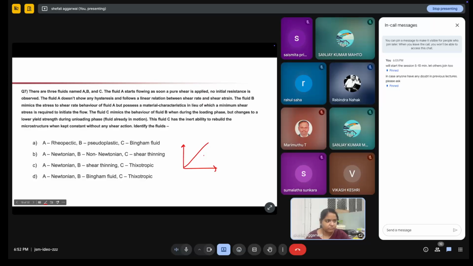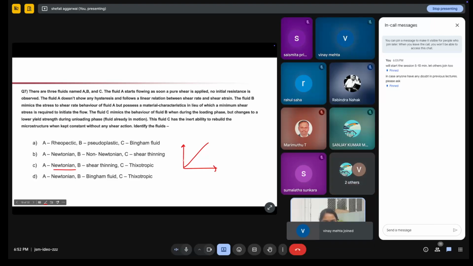This type of graph, remember, is a Newtonian fluid, right? Second, fluid B has similar behavior as fluid A but possesses a material characteristic of which a minimum shear stress is required to initiate the flow.